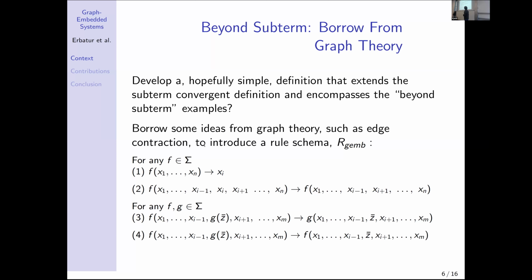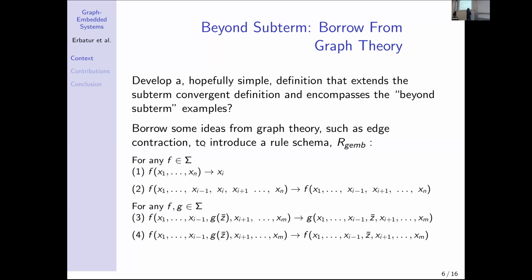The first of the 2 rules is rule 3, which consists of removing the operator G. And so here you see that we will increase the number of arguments in the right-hand side. So we will not maintain the same number of arguments.